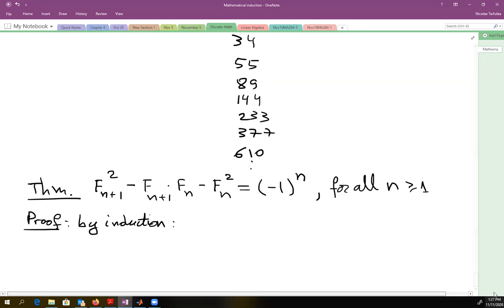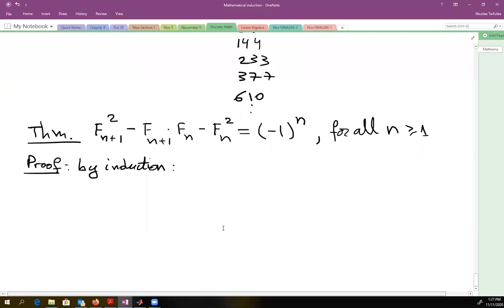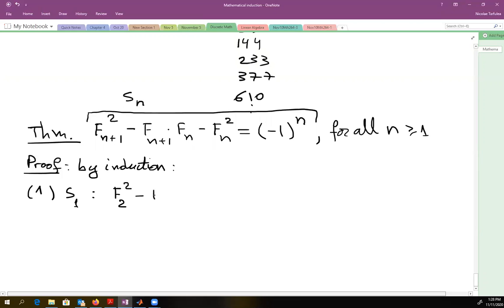Okay, the basis step is to verify the statement. What you see here is our statement, so this is S sub n. The first step is to prove that S1 is true. So what's S1? It's F2 squared minus F2 times F1 minus F1 squared, for n equals 1.